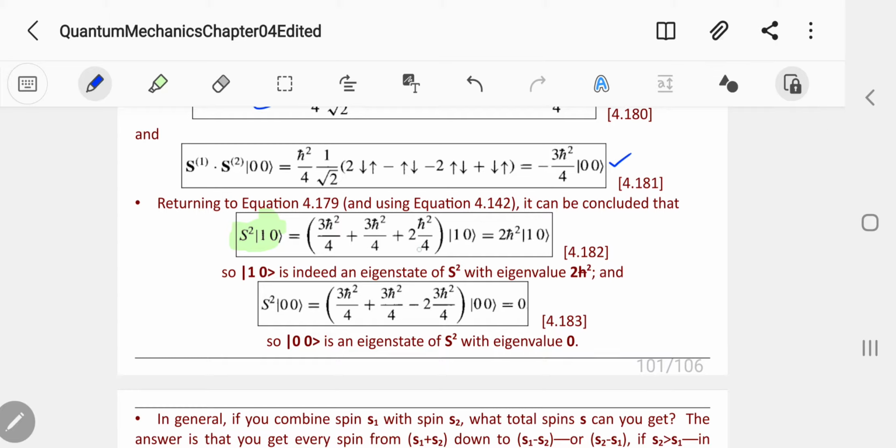So here you have that, and then you will have 2h bar square times the state. So the eigenvalue of S square is 2h bar square, and this is the eigenstate, same eigenstate.